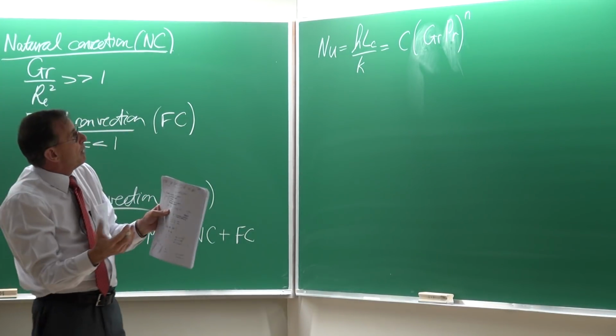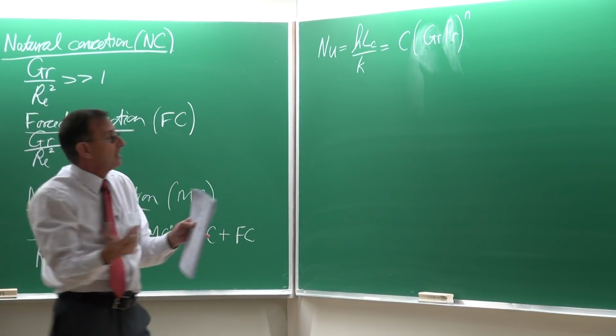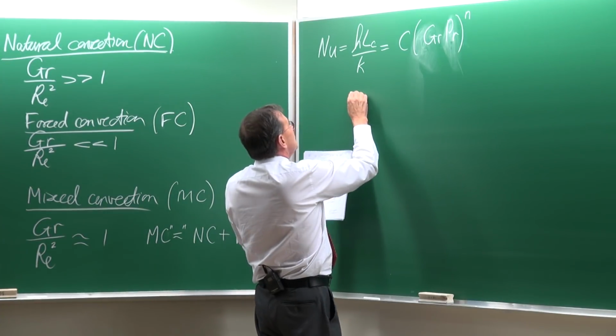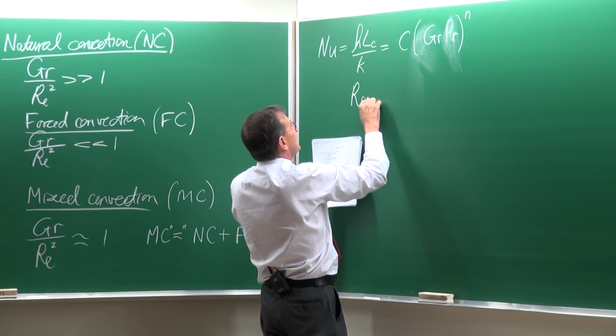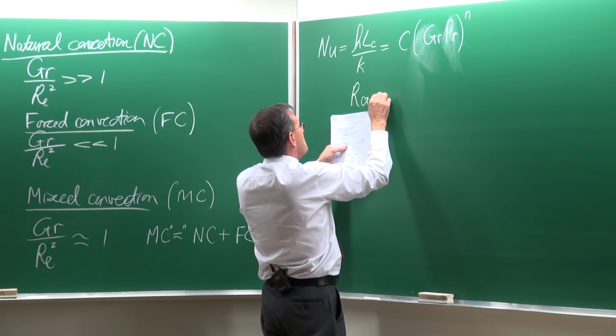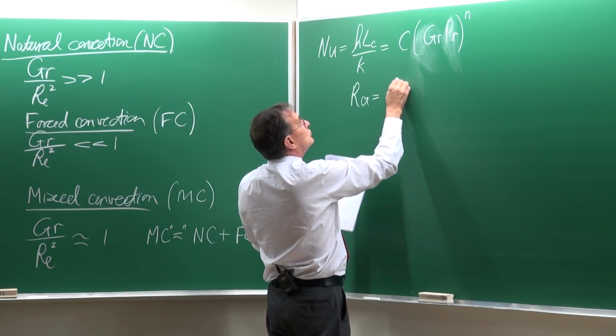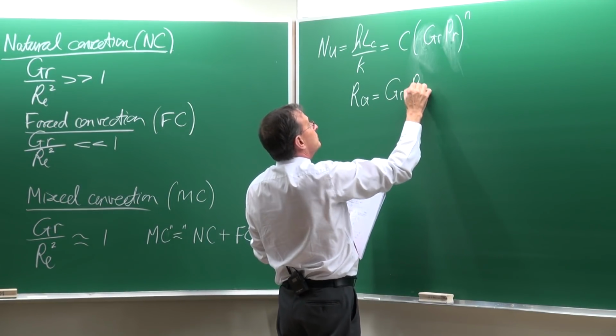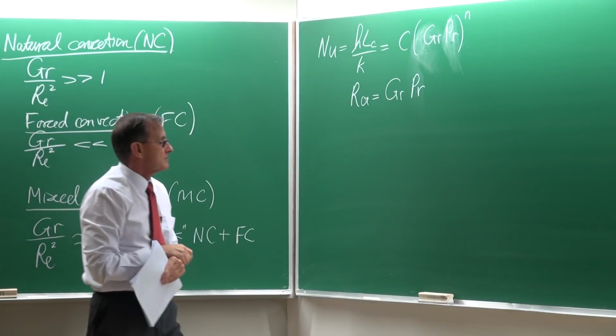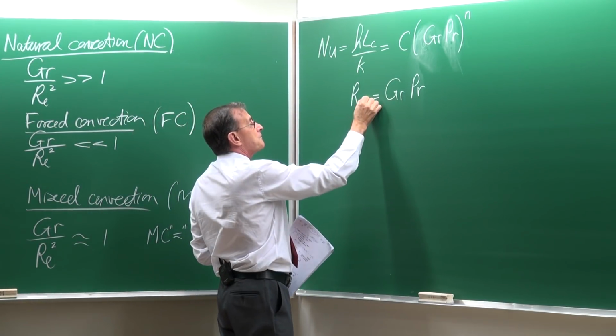They are both non-dimensionalized values, and therefore we would refer to that as the so-called Rayleigh number. The Rayleigh number is just equal to the Grashof number multiplied by the Prandtl number. Rayleigh.